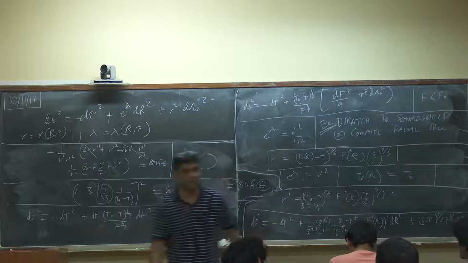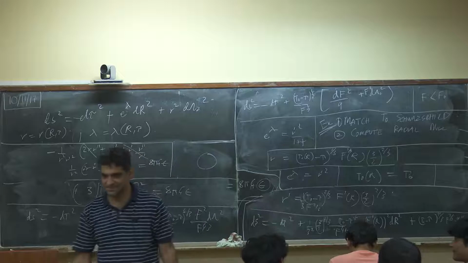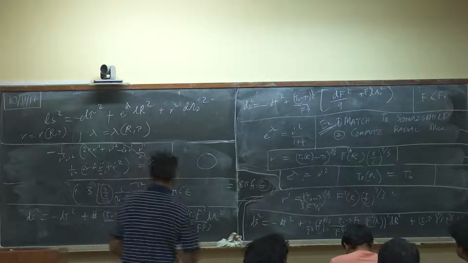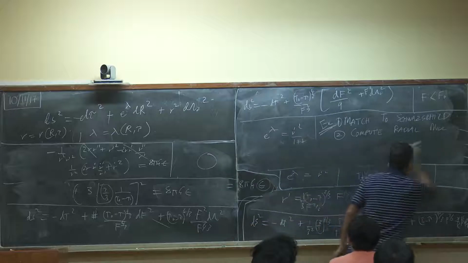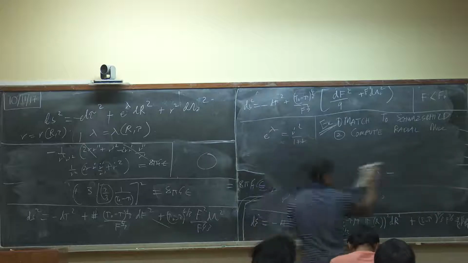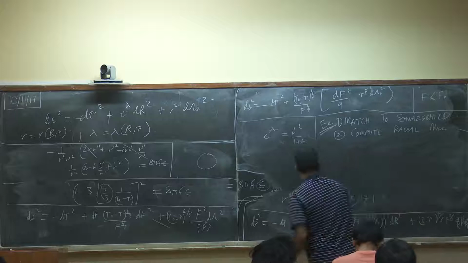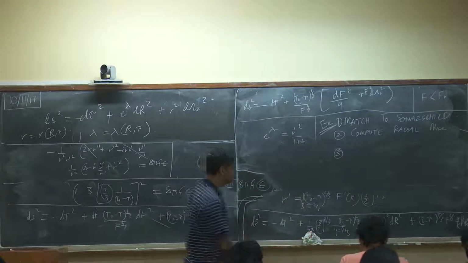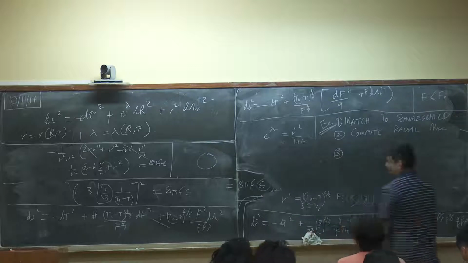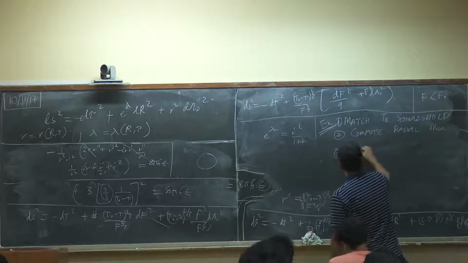So compute the radial null geodesics in this geometry. And now the next point is the key point: find the event horizon of this geometry.